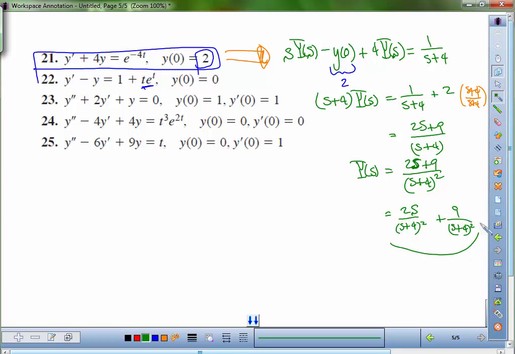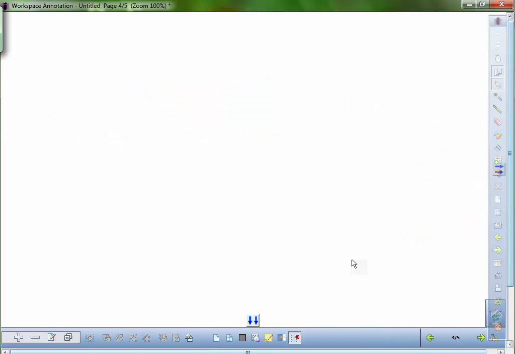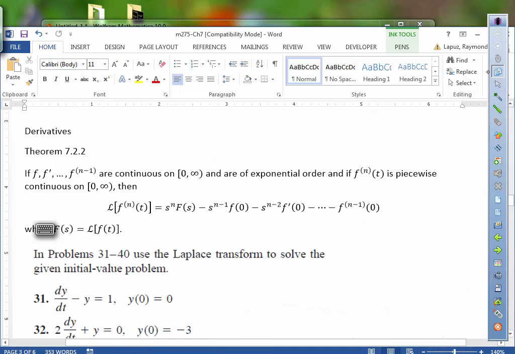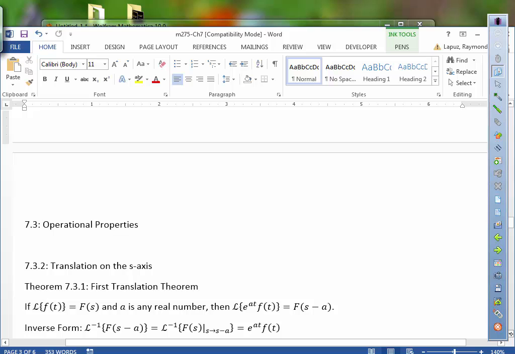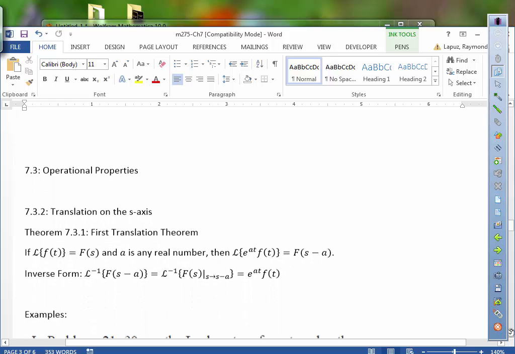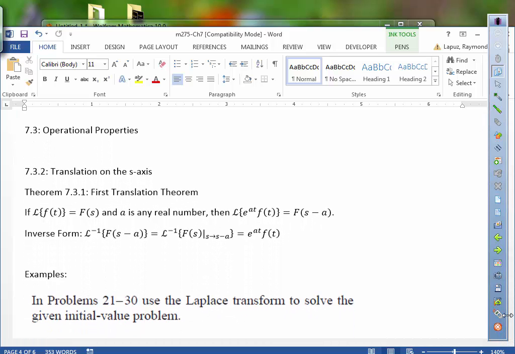So what I wanted to do is pause here and go back to my notes and talk about a translation in the s-axis.